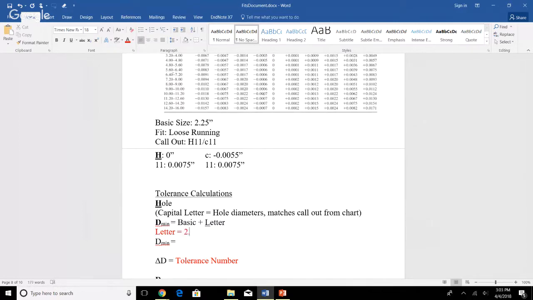So this would be our 2.25 plus our uppercase H, which equals 2.25 plus 0 inches. And the minimum then is equal to 2.25 inches. So this is our minimum diameter that is allowable for our hole.